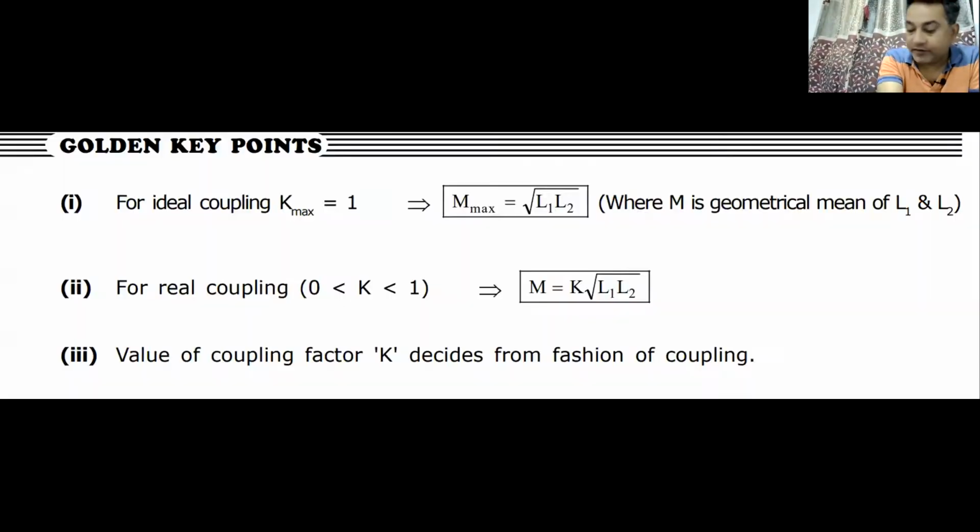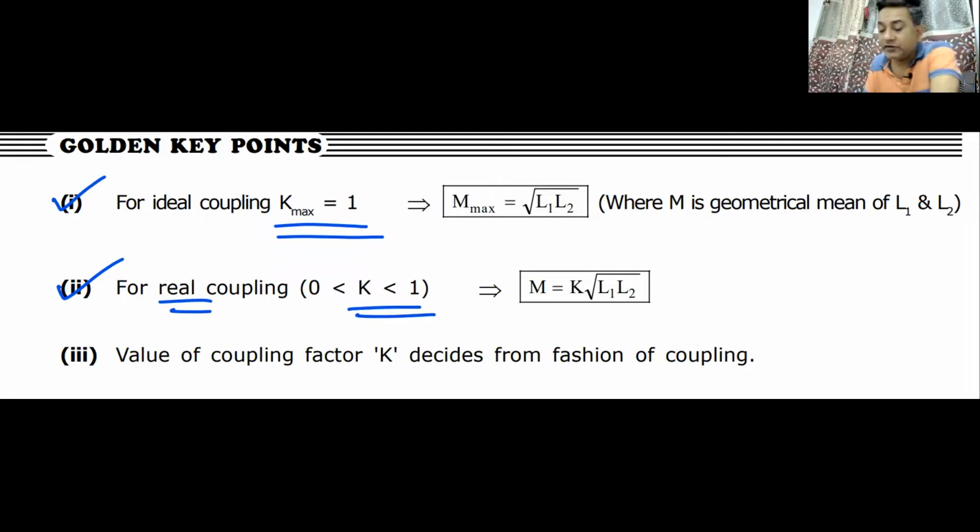Well, as I said, the value of coupling factor K varies from 0 to 1. An ideal coupling, where the entire flux is linked, the coupling factor is maximum, equal to 1. Obviously, the coupling factor is not going to be 1. It's not going to be ideal, so it will vary between 0 and 1.